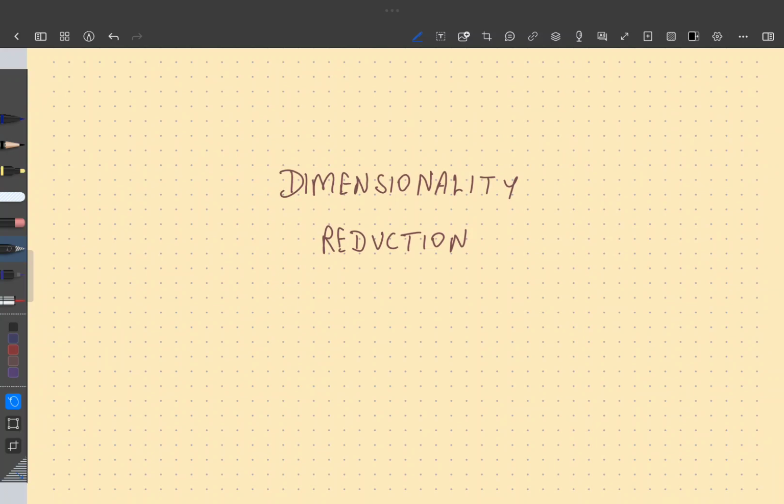Right? So there the goal was to find a projection or a mapping or an embedding down to a lower dimensional space such that pairwise distances are approximately preserved.